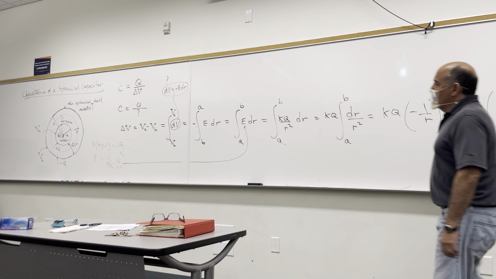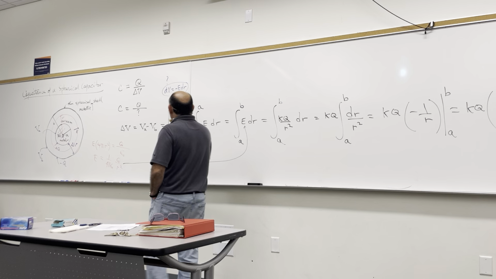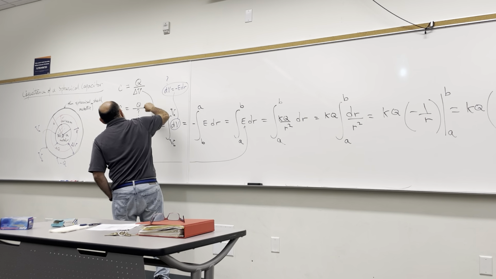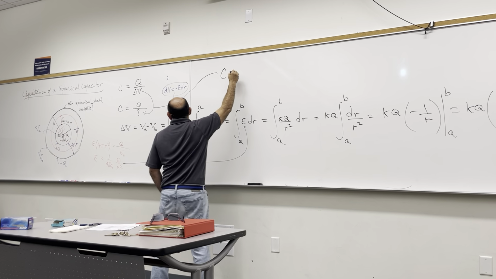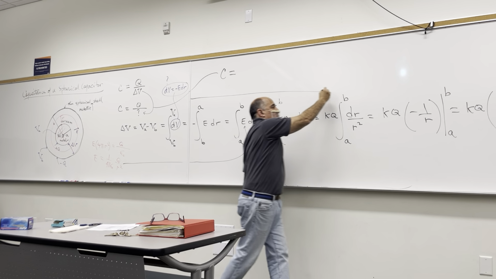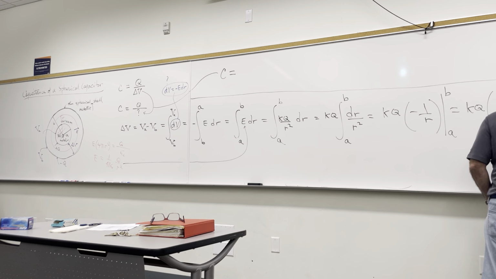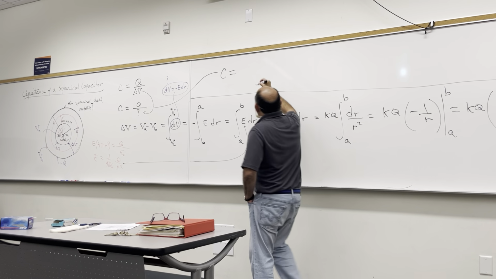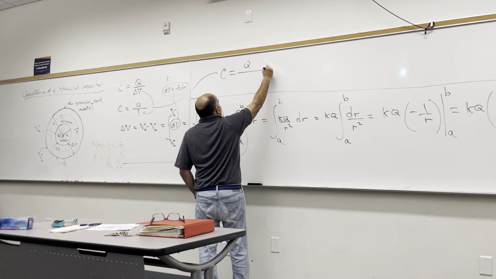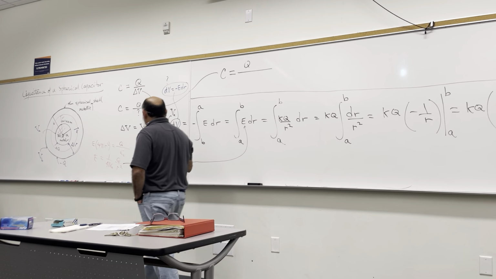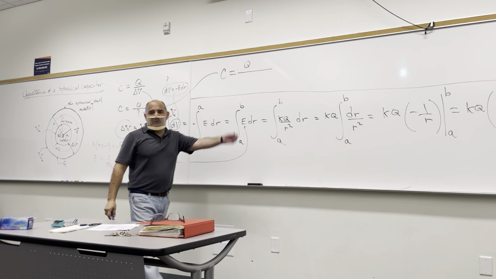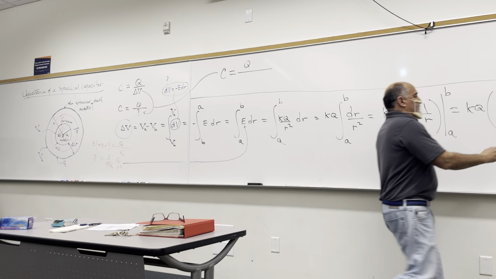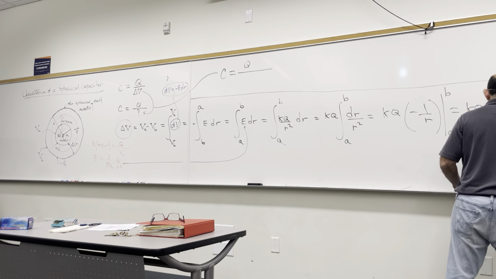So therefore, the capacitance, now I take this and I plug it in here, right? The capacitance becomes Q divided by that potential difference, right? And what is that potential difference equal to? That potential difference, I just went straight along the board. That potential difference is this.